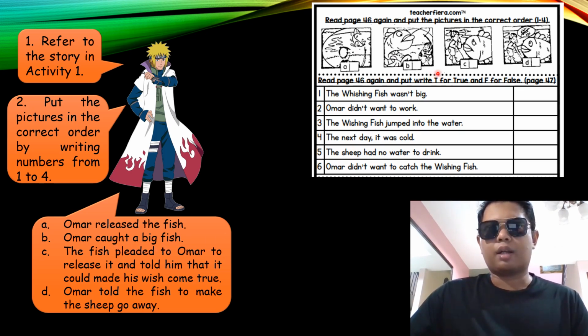Then picture C: the fish pleaded to Omar to release it and told him that it could make his wish come true. And picture D: Omar told the fish to make the ship go away. So he told the fish his wish.